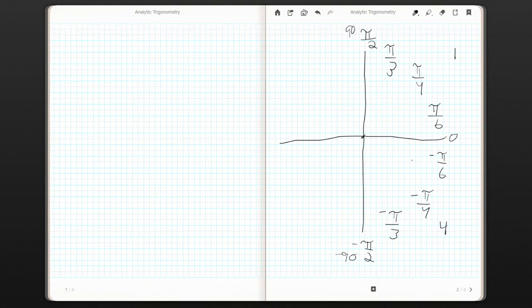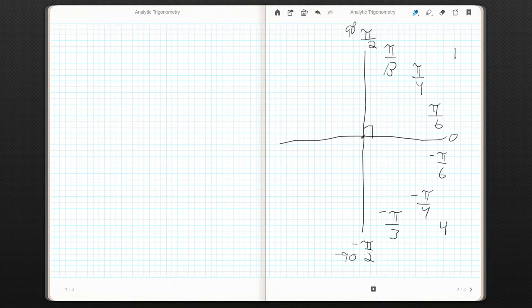Where I got these numbers from, they represent what angles they are in radians. I said pi over 2 is 90 degrees. How did I know that? Well, if you remember your angles, 90 degrees is a right angle. If you look here, 0 and straight up is 90 degrees. Same over here. Let's do a different color, we'll do blue.